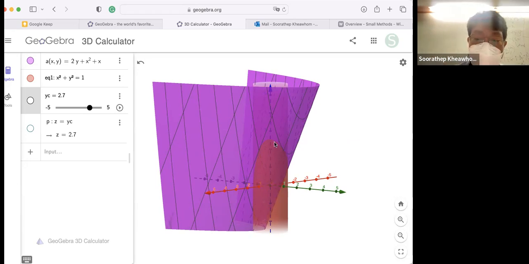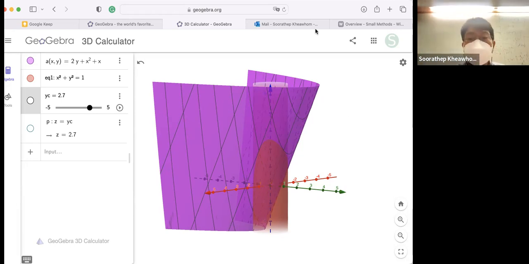The first one is that the gradient of this point on the surface of the objective function must be parallel, not equal, parallel. The gradient direction must be parallel to the gradient of the constraint.